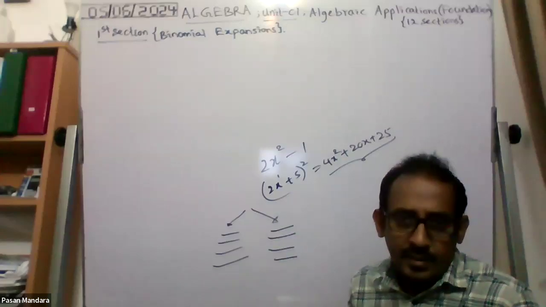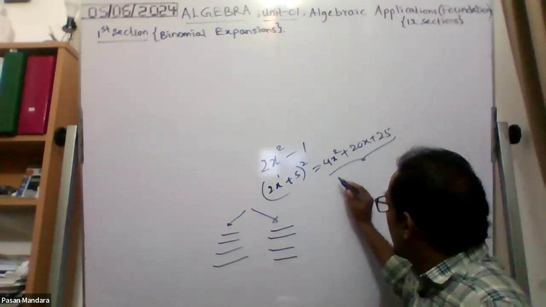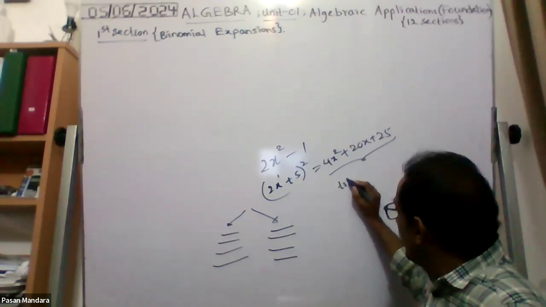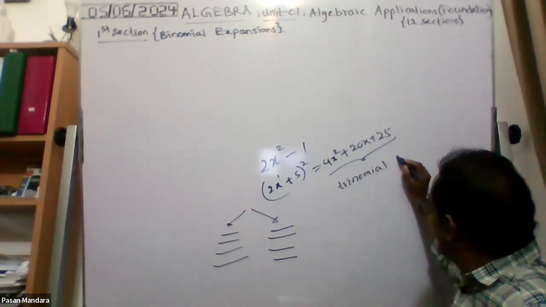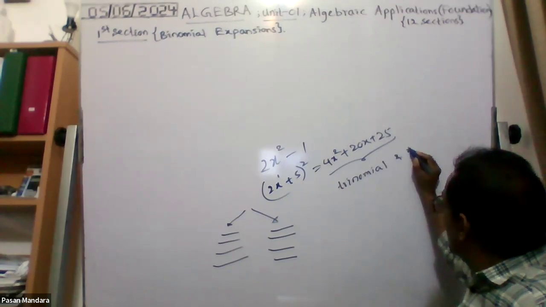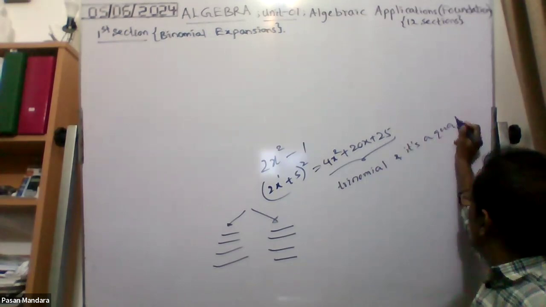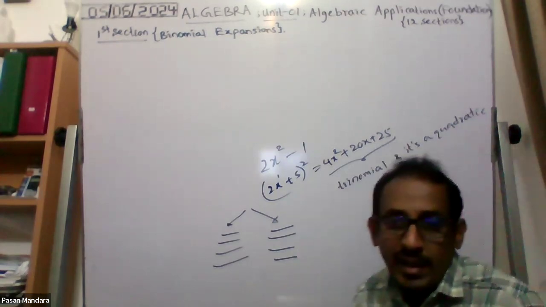Hurry up. Quadratic. Shweta, correct. So then your final answer, what? This is what? Trinomial. Trinomial and it's a quadratic.